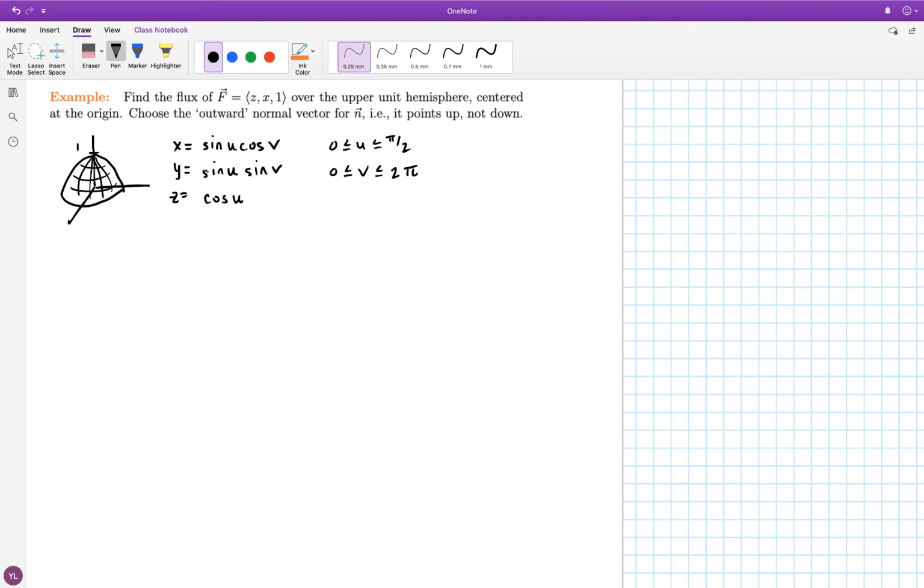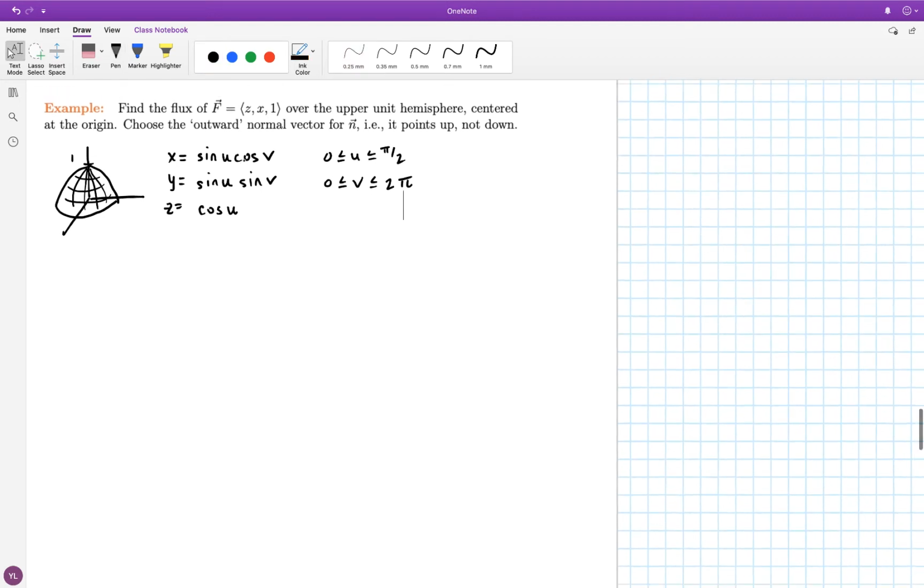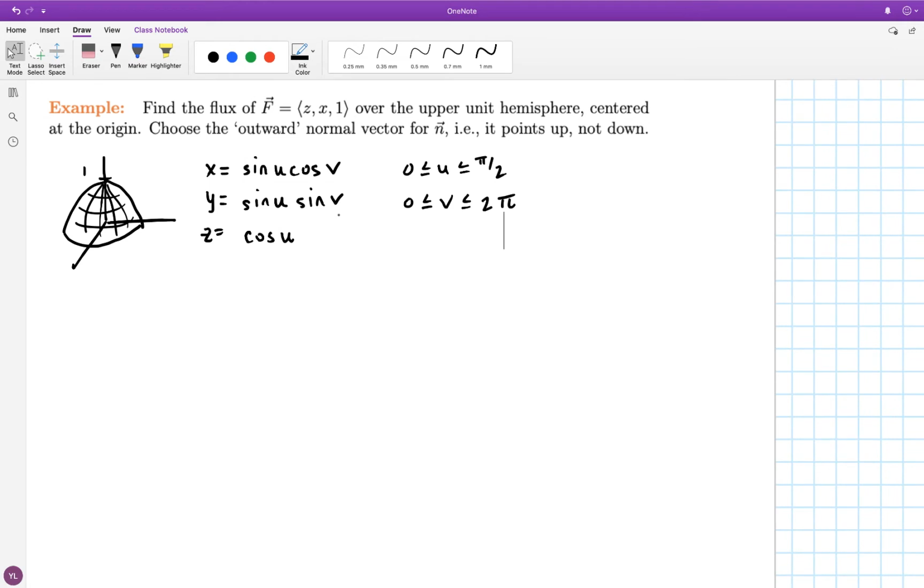Okay, now let's inspect to see if this parameterization gets the normal pointing in the right direction. And I know a trick for reversing the normal in case it's not pointing in the right direction: I'll just completely reverse the roles of u and v in the expression. If I come over to the picture, I have to imagine how increasing the parameter u looks on the surface.